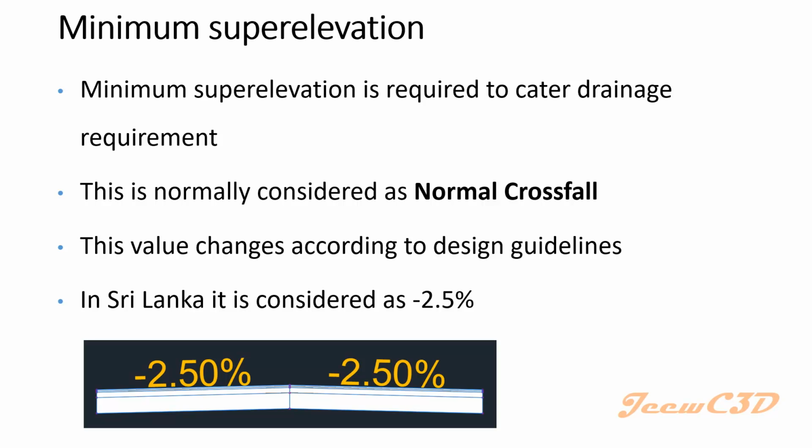When you are constructing a road, you need to ensure that no water is retained on the road when it is raining or in a wet season or wet condition. The water which comes on top of the road has to be drained out from the road.